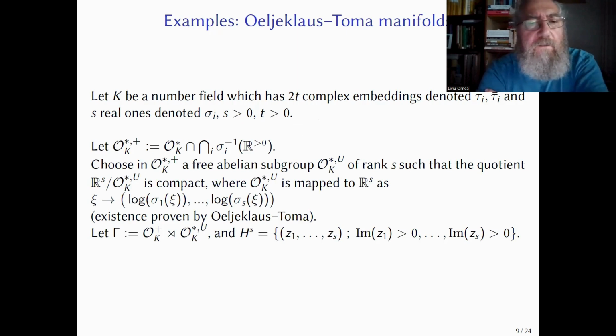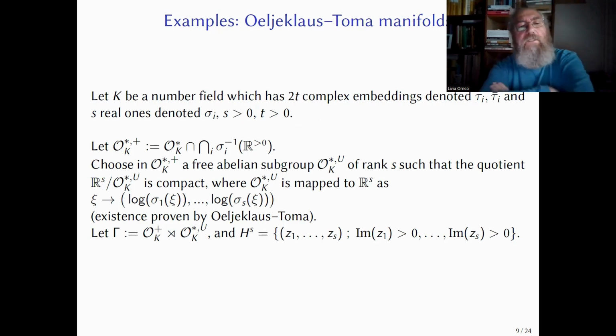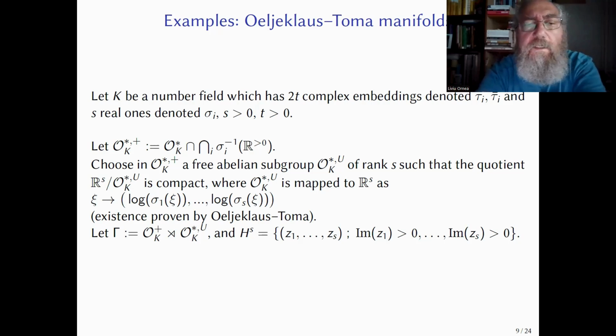Digging a bit into number theory, you take this group of positive integers, O_K plus, O_K star plus, and they show that there exists a free abelian subgroup of rank exactly S, such that you have a compact quotient from the real part.